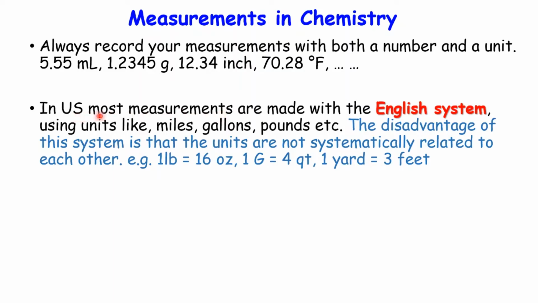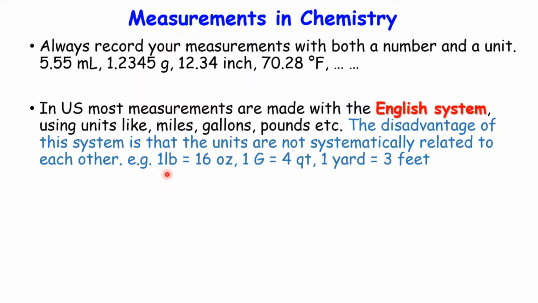Most of the measurements in the US are made with the English system, so we use units like miles, gallons, and so on. The disadvantage of the English system is that the units are not systematically related to each other.